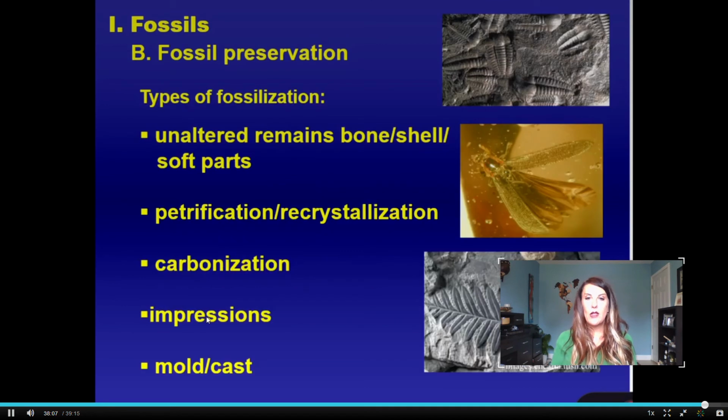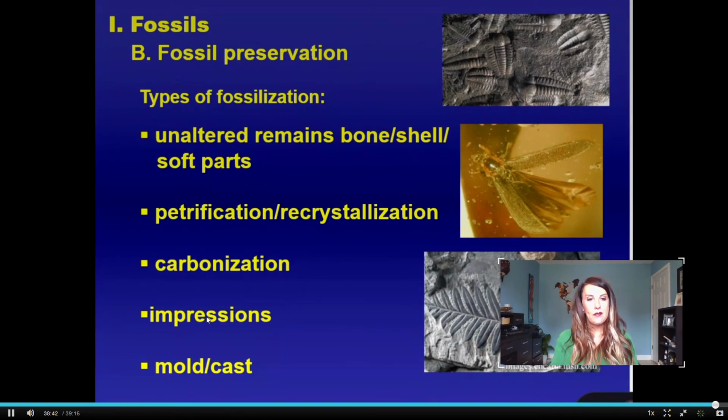And I'll leave you with this slide, because this is the direction we'll go for the next lecture, where we're going to explore how fossils become part of the fossil record. So we talked about how fossils can be preserved, but now we're going to talk about the types of fossils that we can find. And so that includes unaltered remains, petrification or recrystallization, carbonization, impressions, and molds and casts.